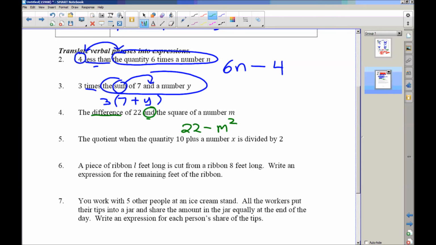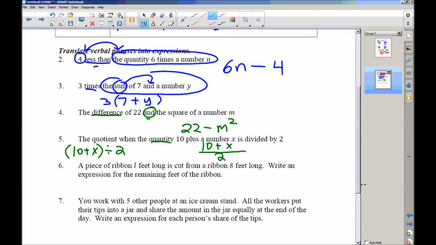The quotient of the quantity of 10 plus a number x, divided by 2. So quotient is division. We want 10 plus a number x because we want to do that part first. Quantity means I'm going to have to put it in parentheses or use a grouping symbol. I chose the big bar for this grouping symbol since it's division. And then I'm going to divide this by 2. Another way to write this might be 10 plus x in parentheses and then divide by 2. Either one is fine.